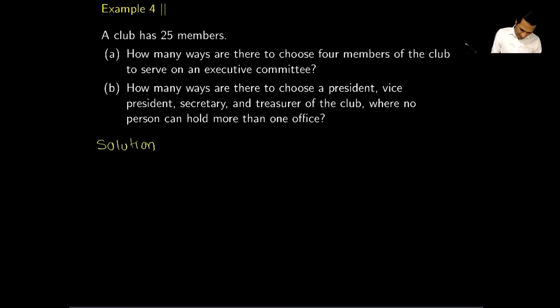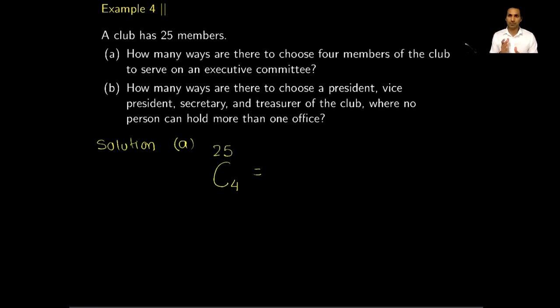In part A, as you can see, we have 25 club members, and we need to choose 4 of them. This can be solved by the method of combination, because we have 25 members and we will choose 4, and it really doesn't matter in what order you choose.